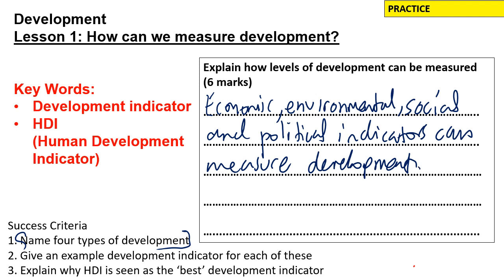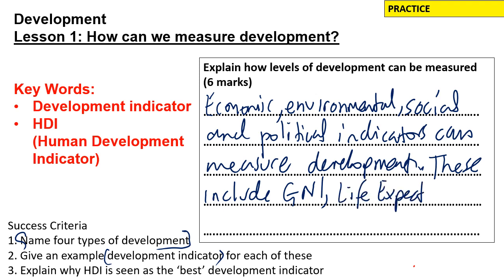Okay, give an example development indicator for each of these. So I might say these include economic. Let's do economic GNI. Let's pick a social one, life expectancy. And let's pick another social one, such as years in school.